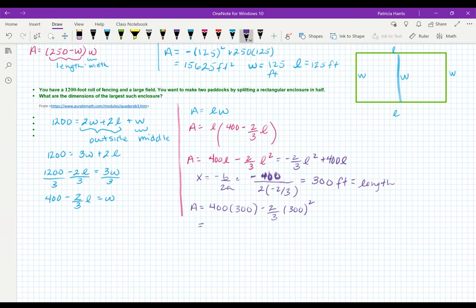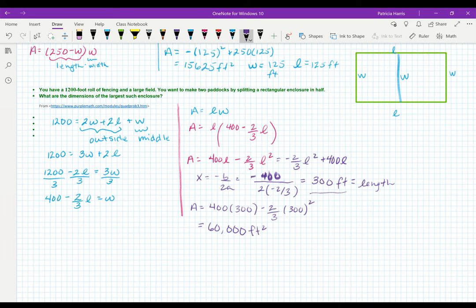I can also figure out the maximum area by using that 300. So let's go ahead and plug that in. So I get 60,000 square feet. All right, so now let's go ahead and find the rest of the dimensions.